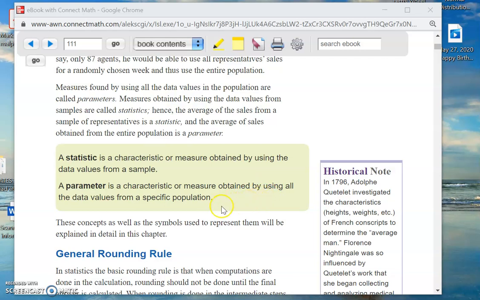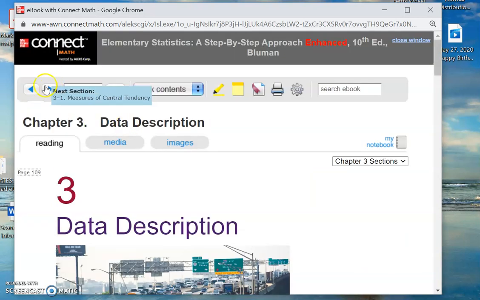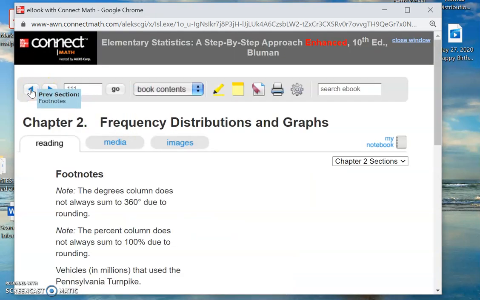Parameter goes with population, statistic goes with sample. That's how I remember it, just by alliteration. Statistic is for sample, parameter is for population. Now, we're not going to talk about this yet. I'm just using this as an example of how confusing it can be if you don't have the vocabulary down correctly. You've got to be careful with this vocabulary or you will be misled.